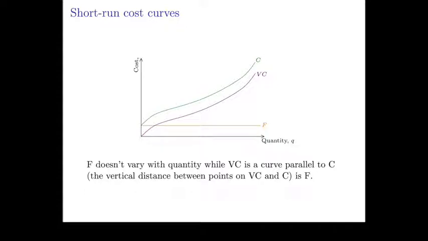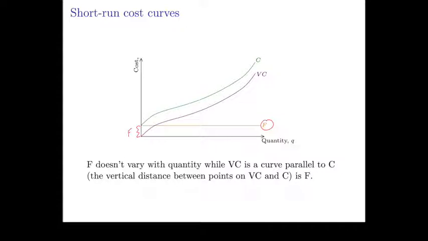Now the fixed cost isn't going to vary with quantity, so it's going to be a horizontal line where the intercept of the cost function is the fixed cost. So we draw a horizontal line at the fixed cost. Now remember, the variable cost depends on the quantity produced, and if you produce 0 units, you're going to have 0 variable cost.